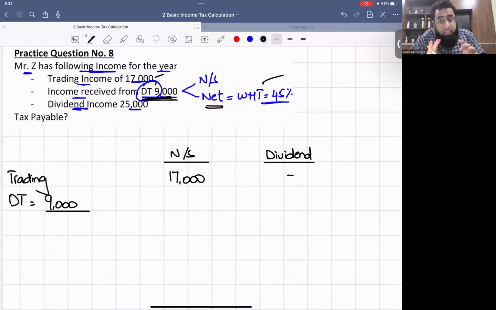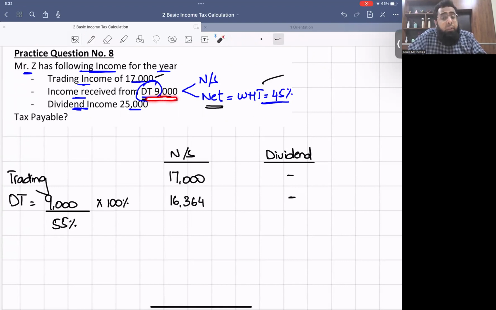Just think logically. If 45% is already deducted, the amount which we received is 55%. So divided by 55, multiplied by 100, it is 16,364.